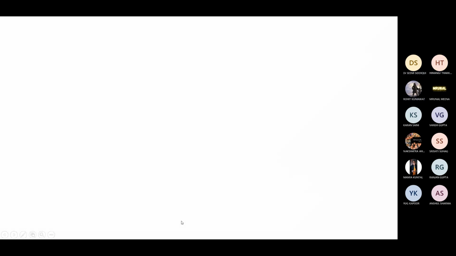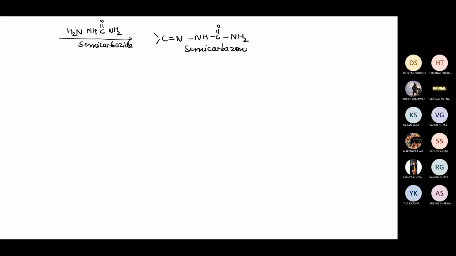Okay. Now the next one continuation में ही है H2N NH C double bond O NH2. It is called semicarbazide. अगर आप इसके साथ रिएक्शन कराते हो so you are going to get the N NH NH2. That is semicarbazone.